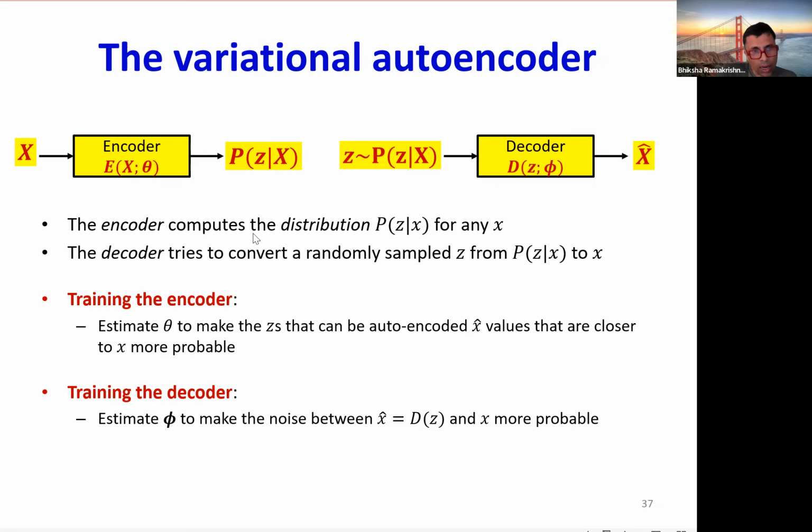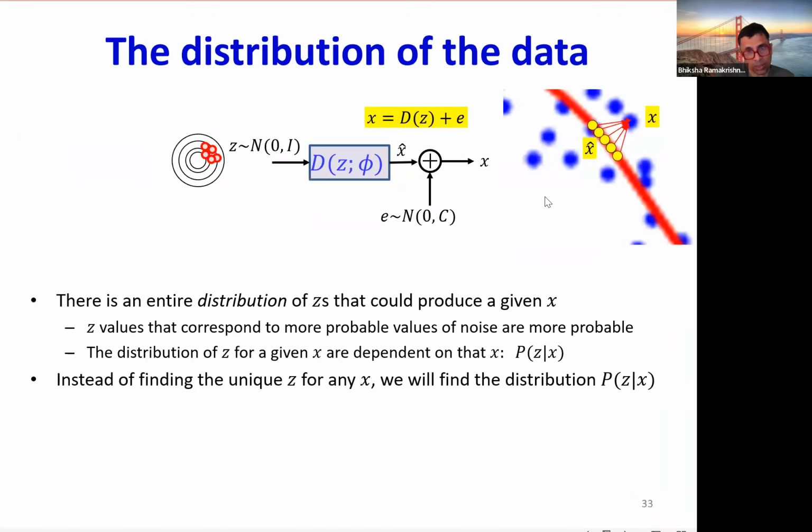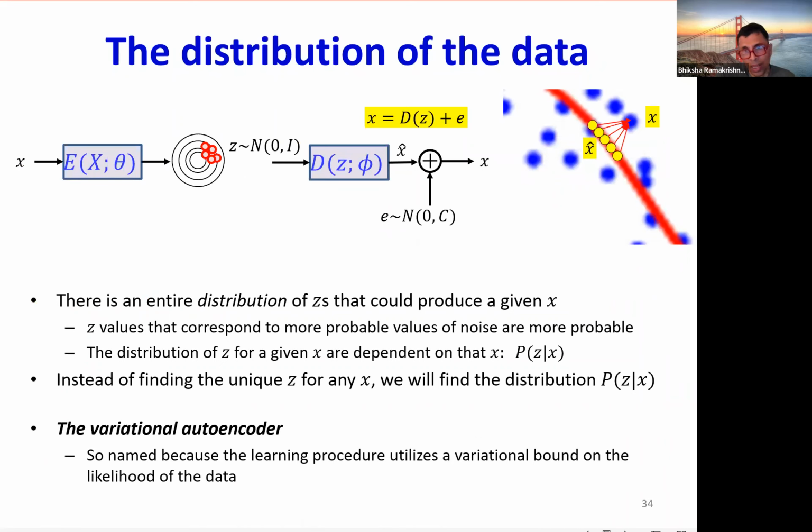So here is what we want to do. We want to find this encoder, this encoder theta, that makes the z's for any given x more probable. What do I mean by this? For any given x, the z that corresponds to this x hat should be more probable.